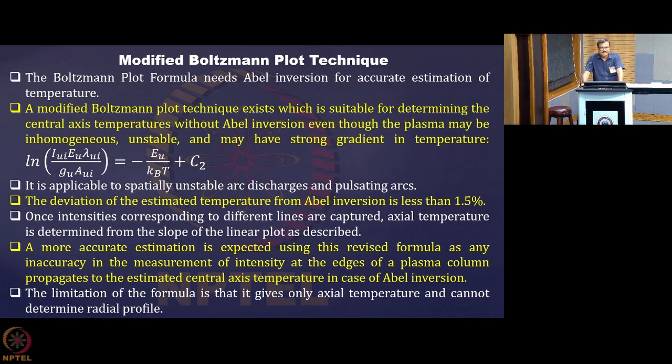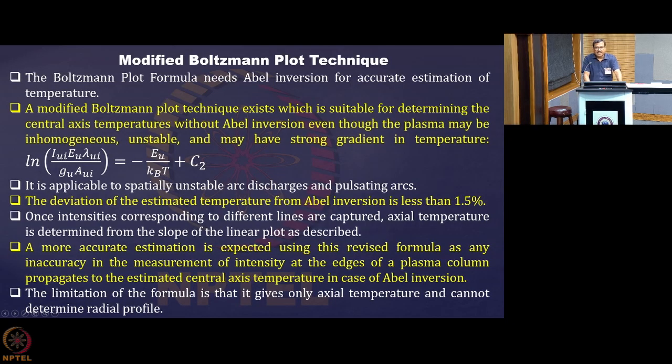In this case, a modified Boltzmann plot technique exists which can determine the central axis temperature, and here the relationship, earlier it was I lambda by gA, instead the E_u, the upper energy level, gets multiplied over here, and you make a plot of this kind.